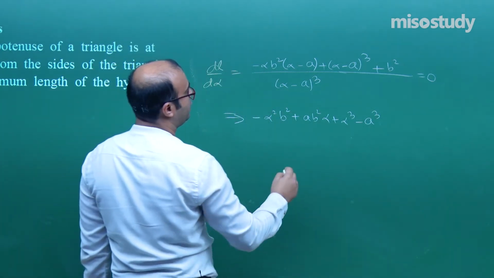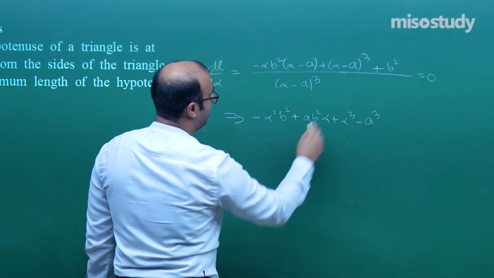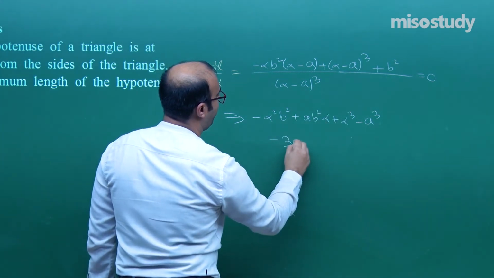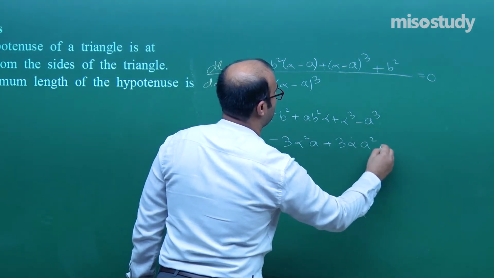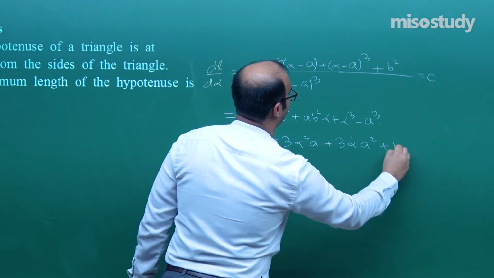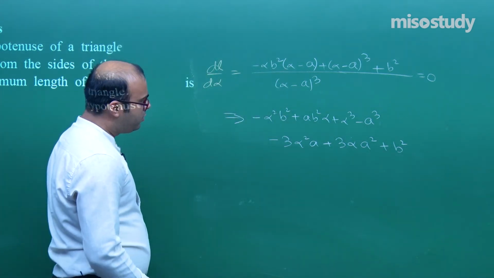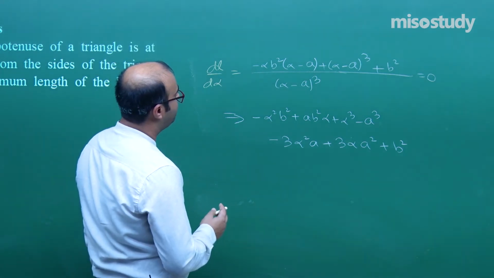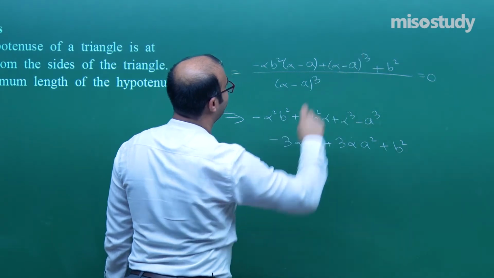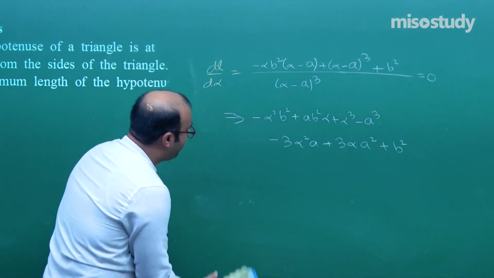Okay, and this will become alpha cube minus a cube minus 3 alpha square a plus 3 alpha a square plus b square. So we have to find alpha here. I think there is some calculation mistake we have done. Otherwise, this wouldn't be coming like this. There is alpha cube coming here. Let us see what we have done here.